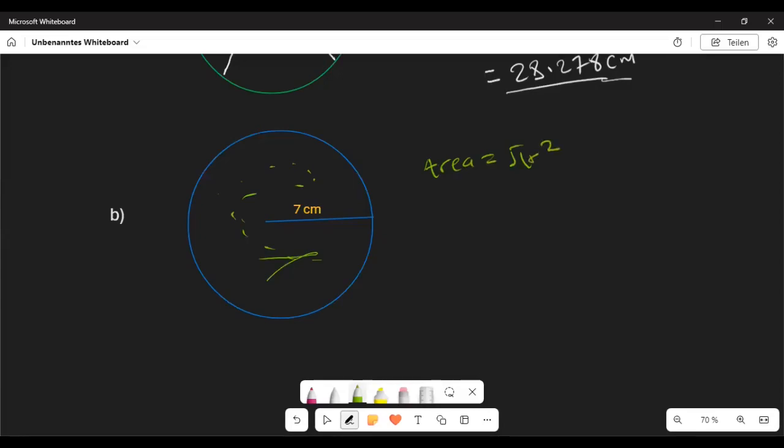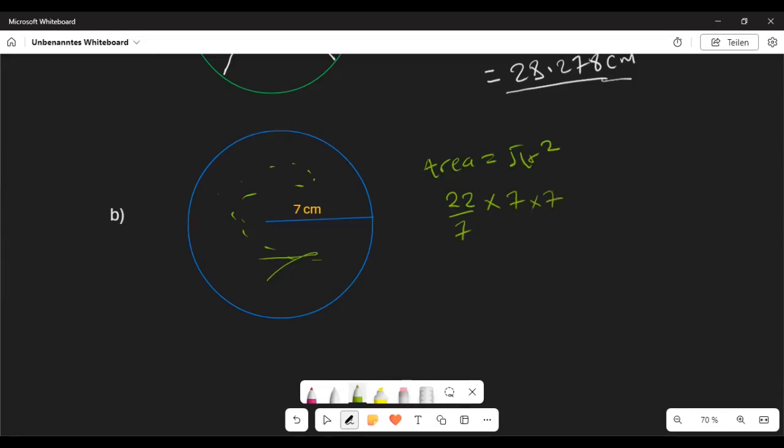In this case, because we have 7, we can use the other one, which is 22 over 7 instead of 3.14, because 7 here is so easy to multiply. And then we have r, which is 7, so we multiply that one by 7.